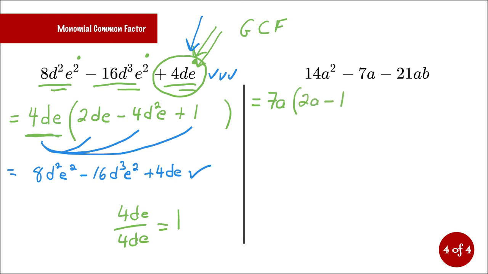You accounted for the 7A by putting a minus 1 this time because that term is negative. So negative 7A divided by 7A equals negative 1. And the last term becomes negative 3B. And again, if you multiply that back out, you'll get back to the original.